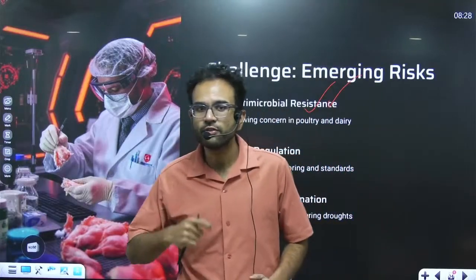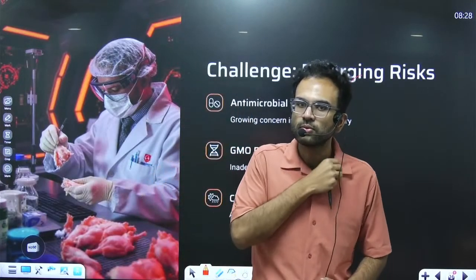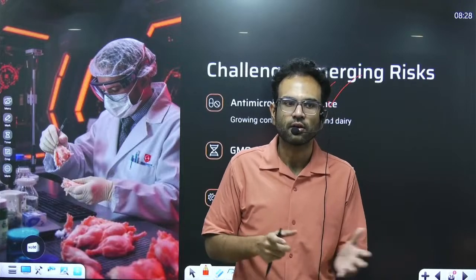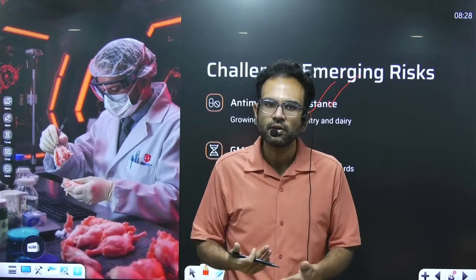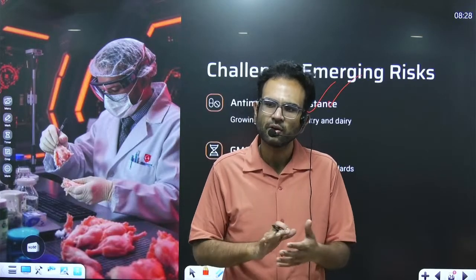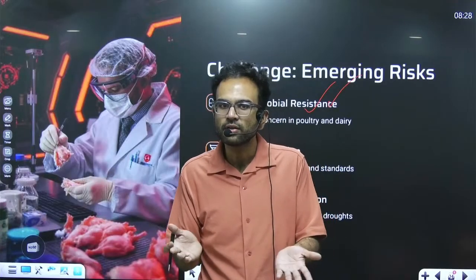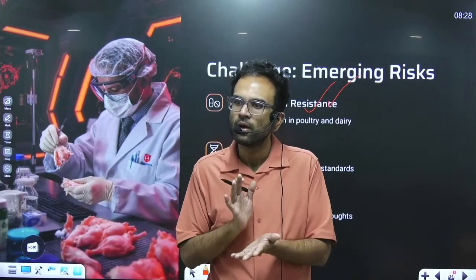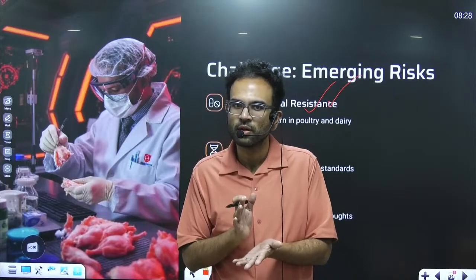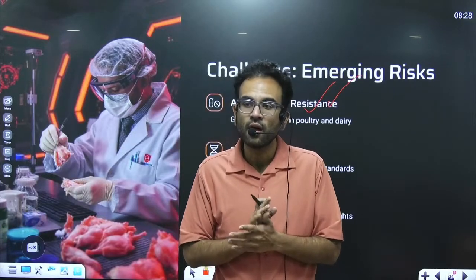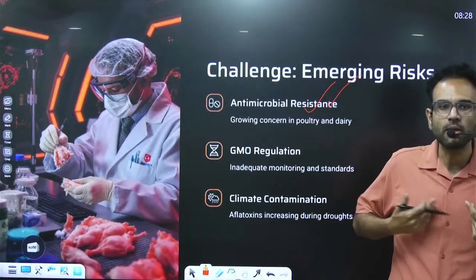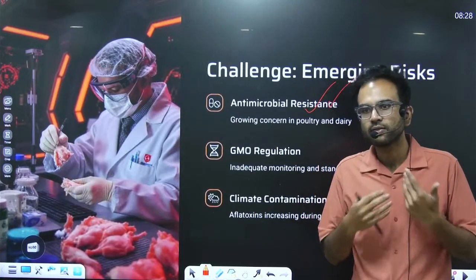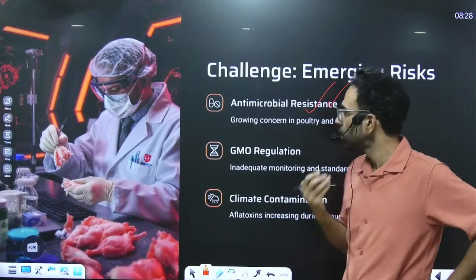When you are continuously feeding antibiotics to the milch cattle or the cows, the milk that is coming out might be of a higher yield, but if there is some disease resistance because of continuous usage of antibiotics, we are risking a pandemic in the animal husbandry sector. Not just that, even human beings can somehow acquire those antimicrobial resistance.